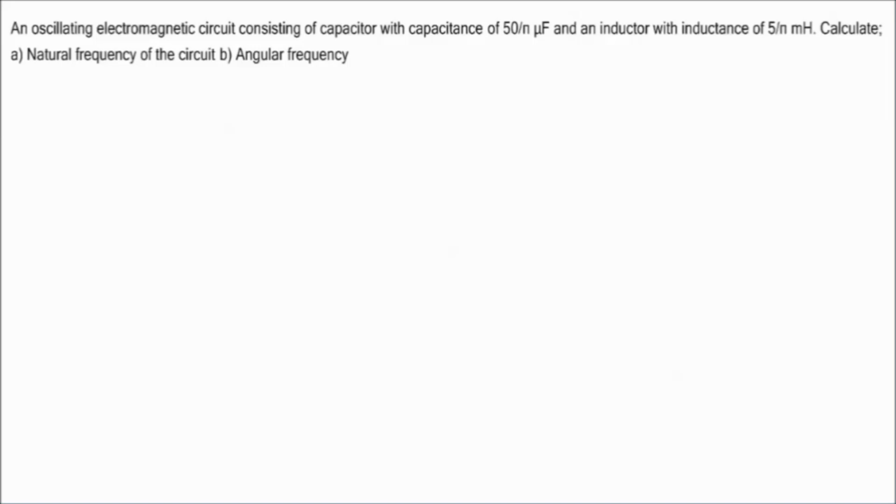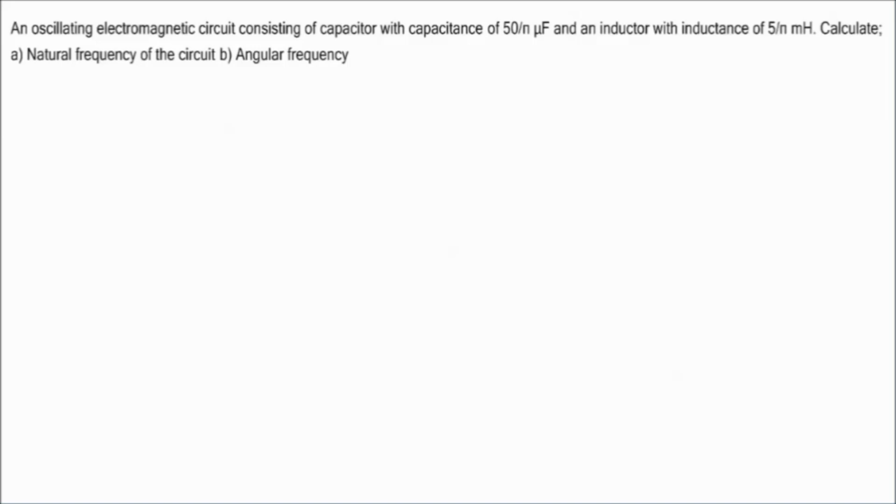Hello, welcome everyone. An oscillating electromagnetic circuit consists of a capacitor with capacitance 50 over π microfarad and an inductor with inductance 5 over π millihenry. Calculate the natural frequency of the circuit and the angular frequency of the circuit.